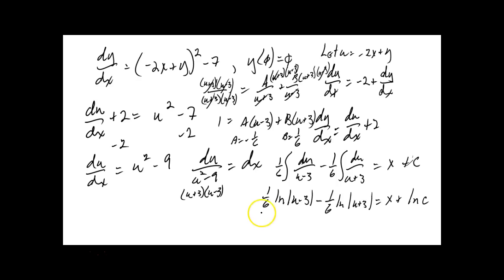I'm going to pull out the 1/6 and make this as log of u minus 3 over u plus 3. I may be doing this way too soon. And let's just get that c over here. Just imagine that's a minus log c.